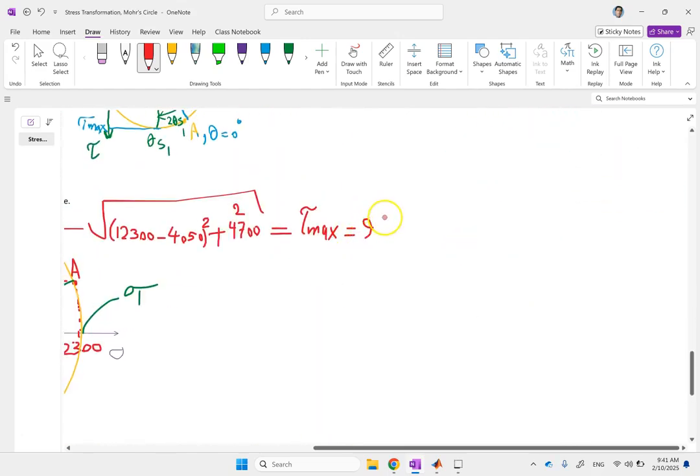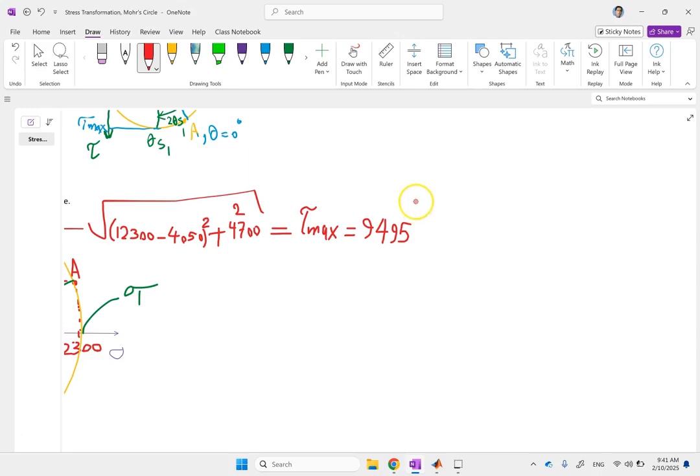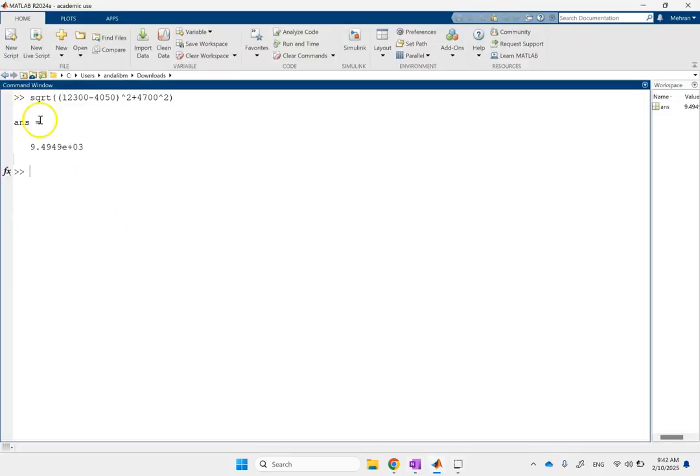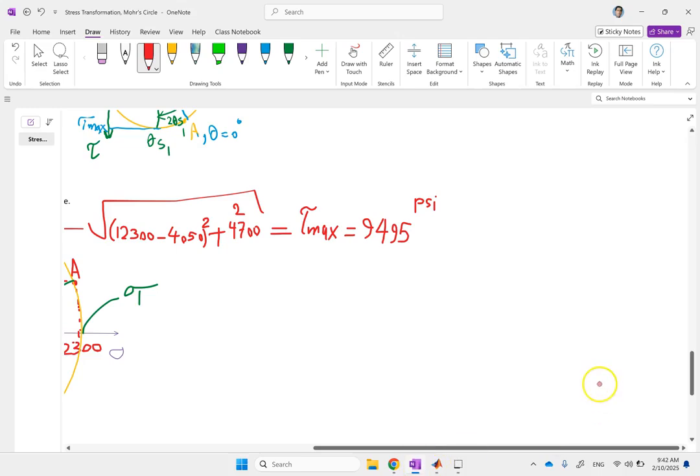So you are going to get 94.95 psi. Okay, that's all you need to do. So now it goes all to geometry as opposed to using the tricks formula. And here is the proof of it in MATLAB, so you don't think I'm just making it up. So here is that radius 94.949, rounded 94.95. So that is your tau max.